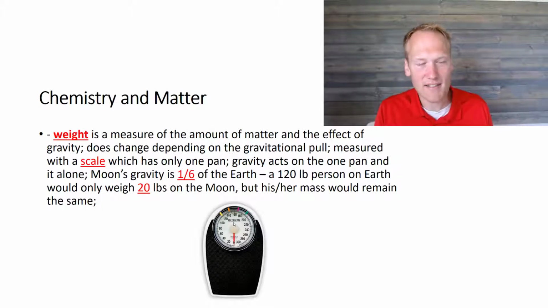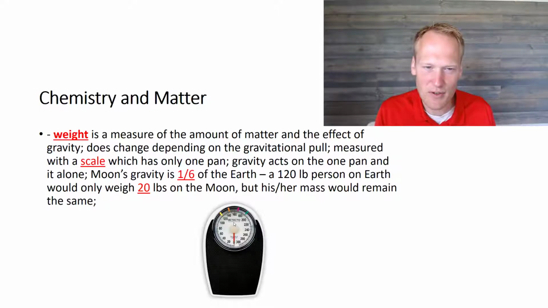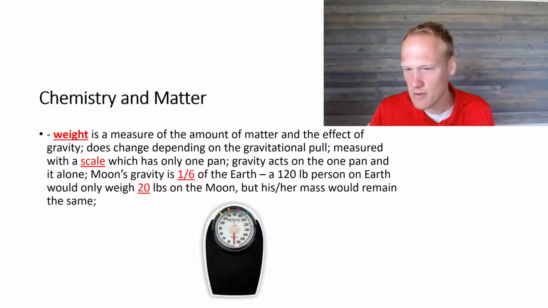But your mass, the amount of matter that's making you up, the amount of atoms that you have, would stay the same. The moon's gravity is about 1/6 of Earth's, so if you take your weight and divide by 6, that will tell you your weight on the moon.